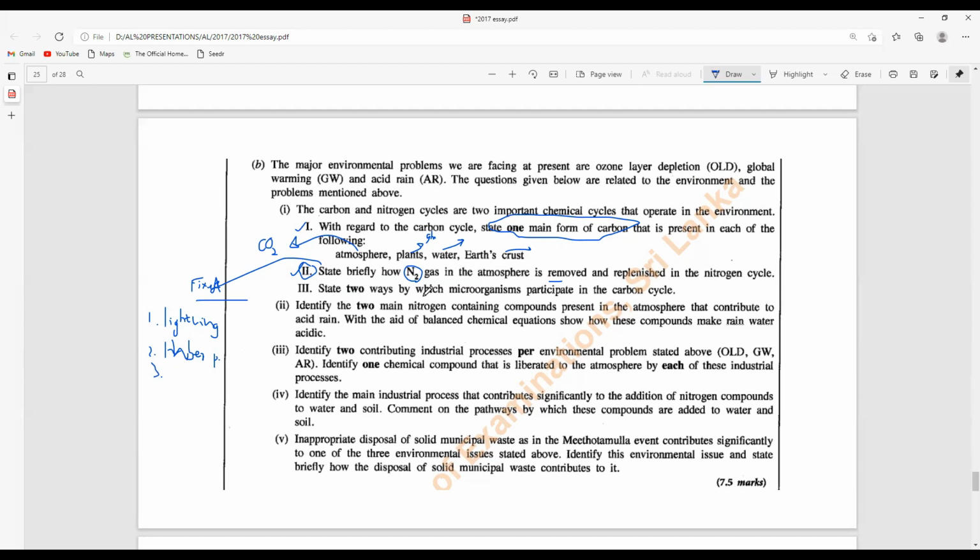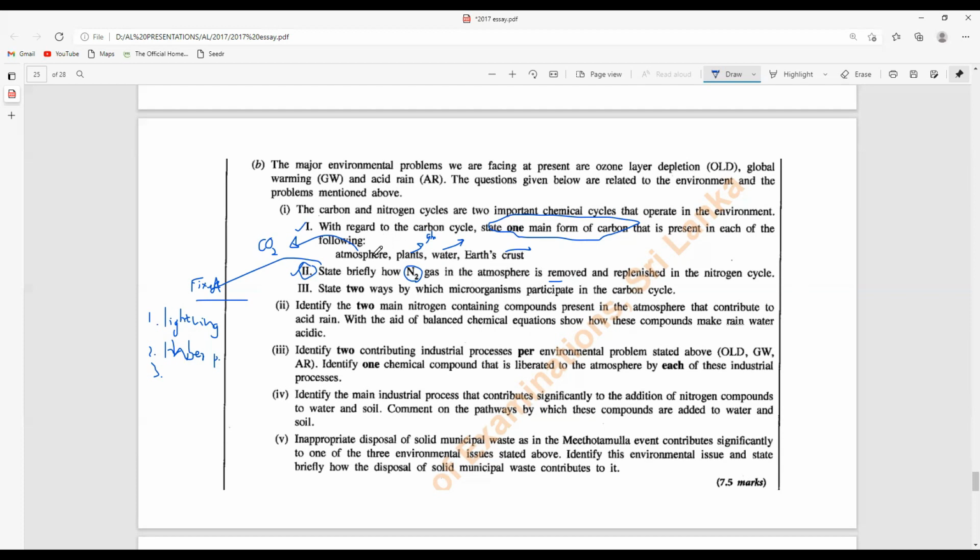State two ways by which microorganisms participate in the carbon cycle. You see here, they give microorganisms, just as in the second one, where nitrogen can be fixed by microorganisms like bacteria. So here in the third one, they are again relating this to the carbon cycle, asking how microorganisms participate in it. So what is actually happening here in the carbon cycle?